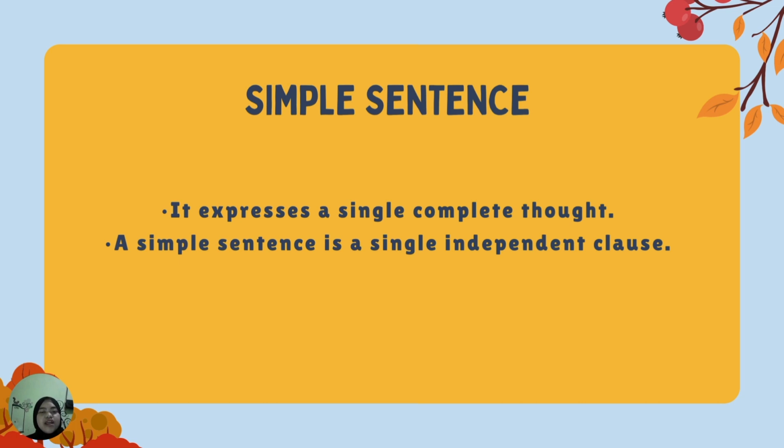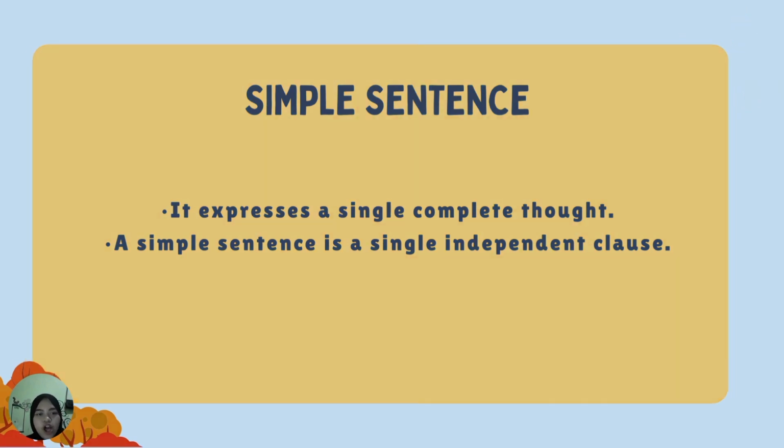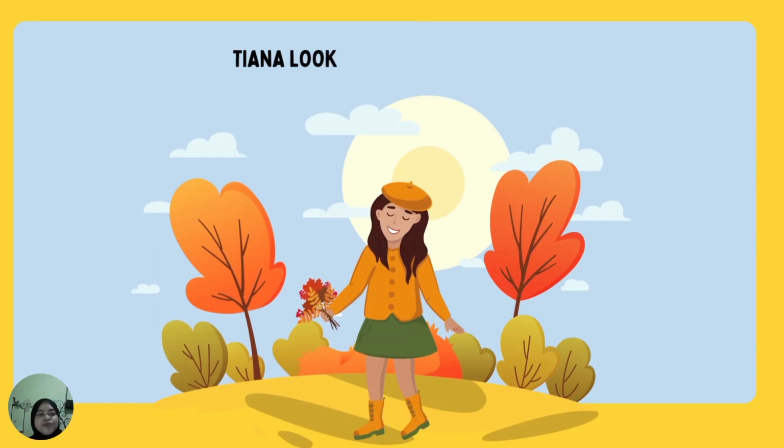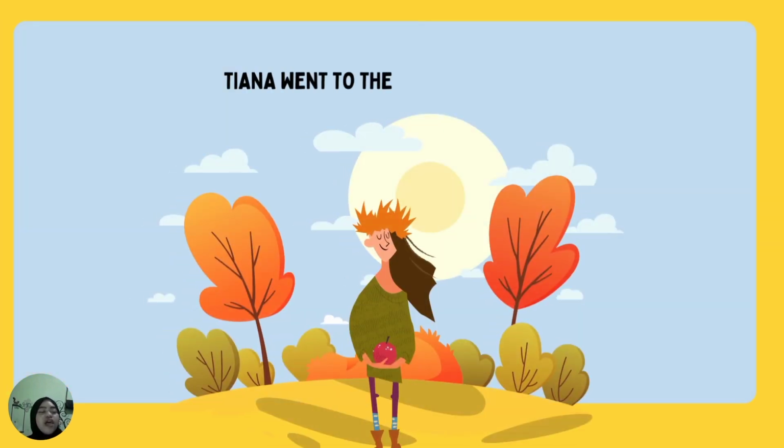Okay, let's take a look at some examples of simple sentences. The first one, we have Tiana looks pretty in her dress. Tiana terlihat cantik dalam balutan dressnya. Second one, we have Tiana went to the park yesterday.